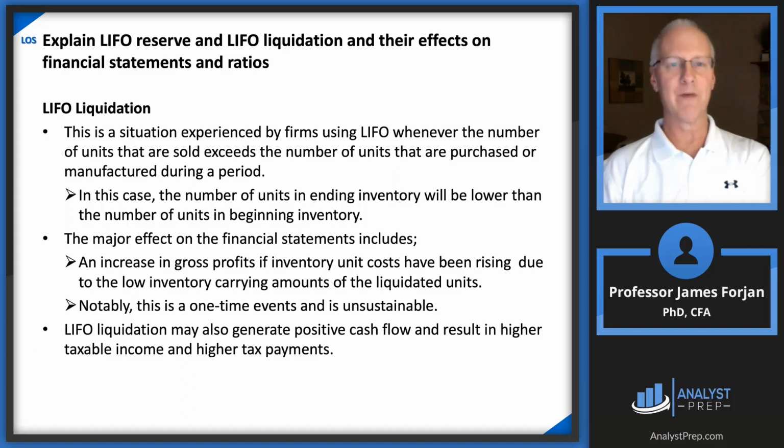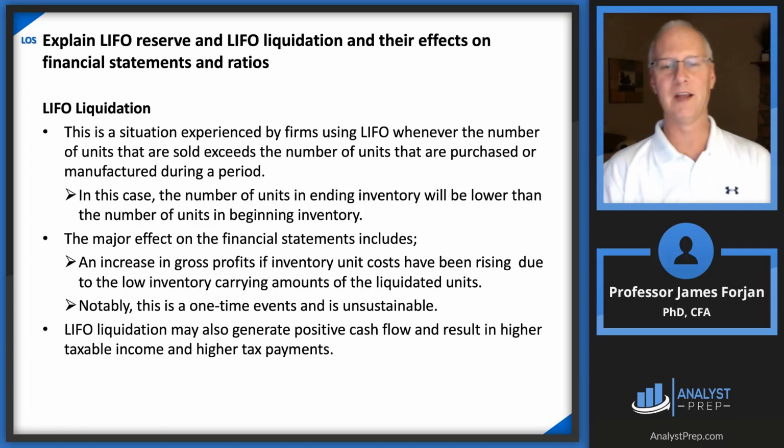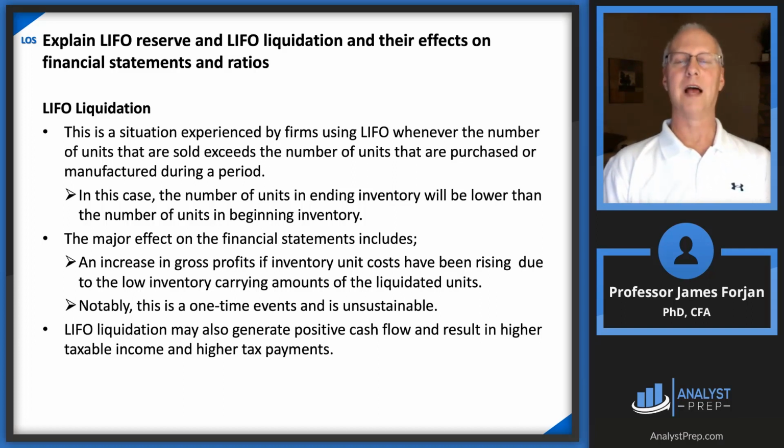Now let's suppose we do that for a while, and we wipe out all of those units that we sold that cost us $80, and we have to dip back in to those that cost us $10. So all of a sudden, we have a tremendous increase in taxable income and a tremendous increase in our tax liability, and maybe even some positive cash flow results.